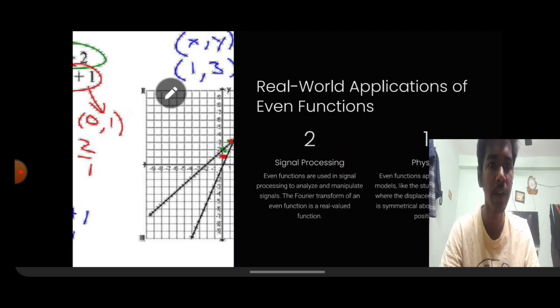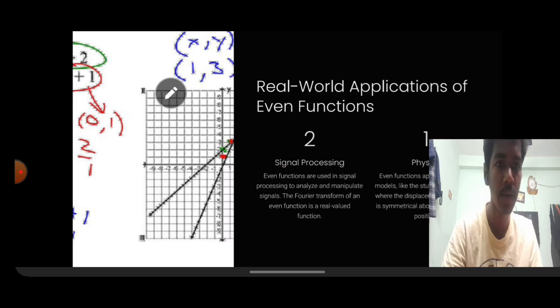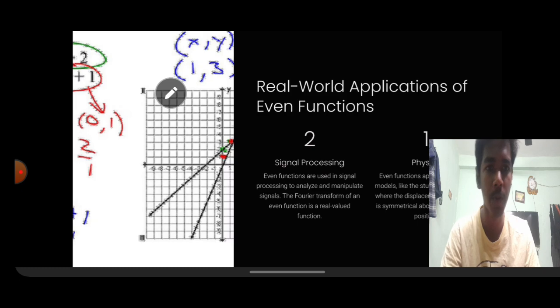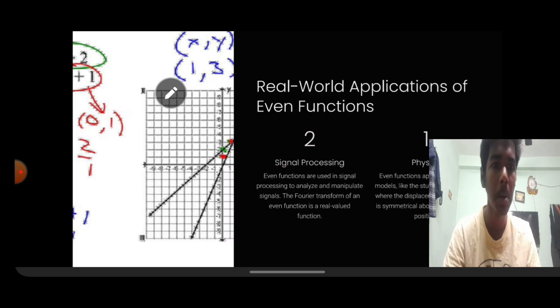Next we will discuss real world applications of even functions. For example, signal processing. Even functions are used in signal processing to analyze and manipulate signals. The Fourier transform of an even function is a real valued function.